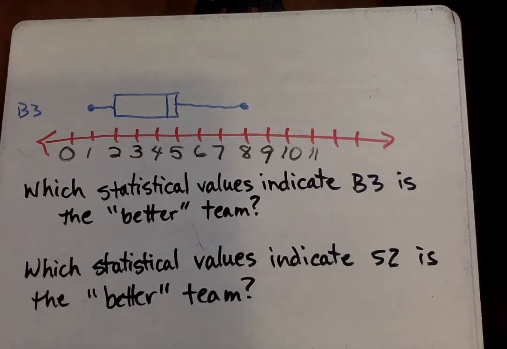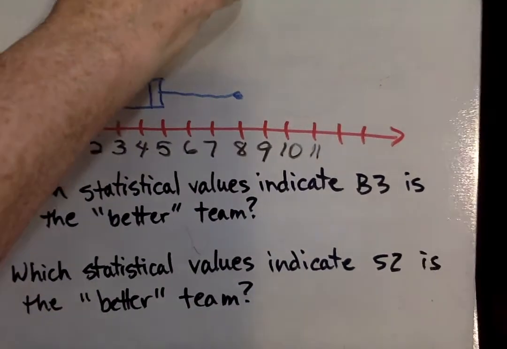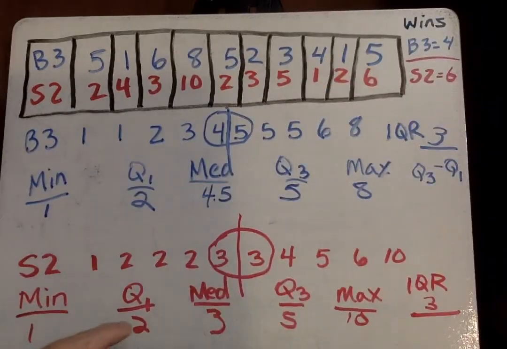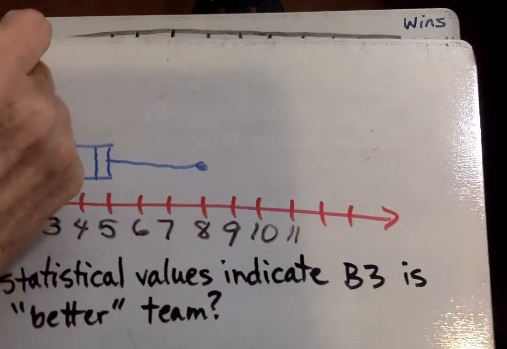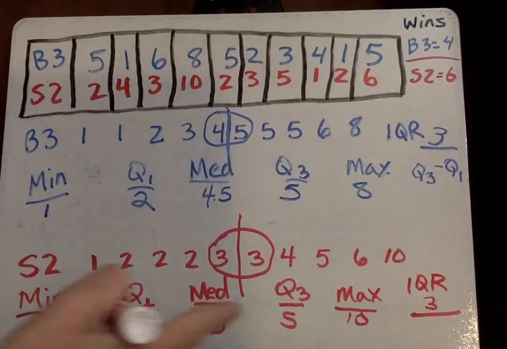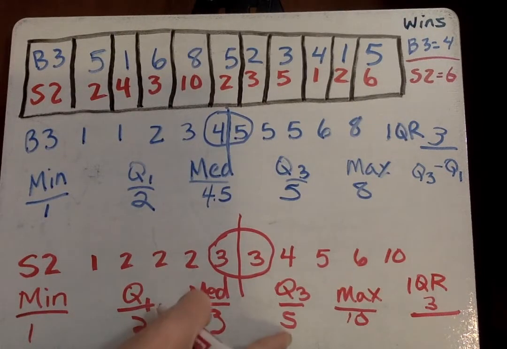Then the last one, we are going to go ahead and do in red because it's my S2. Let's see what S2 has to say. Okay, their quartile 1 is at 2. Then they have quartile 3 at 5.